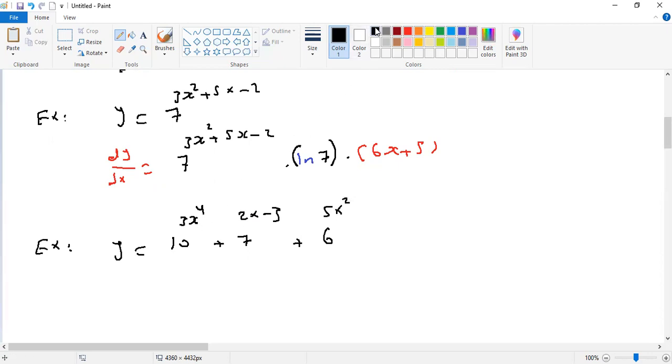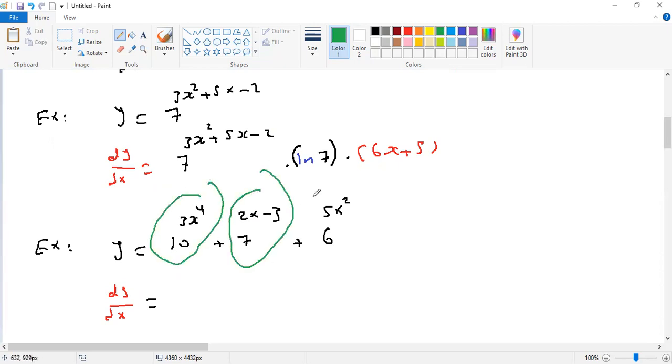How to find the derivative dy/dx here? We find it term by term, because you have a plus or minus, a sum. So we have to find the derivative of each one. We have 3 terms, and each represents a function of x.